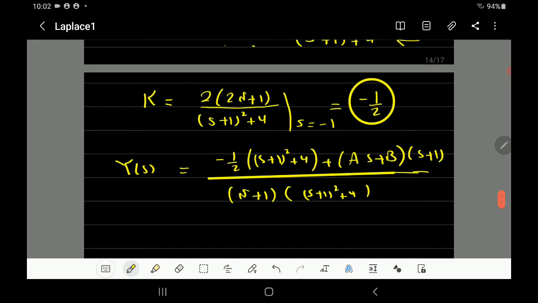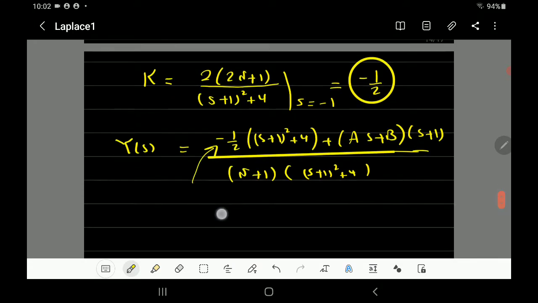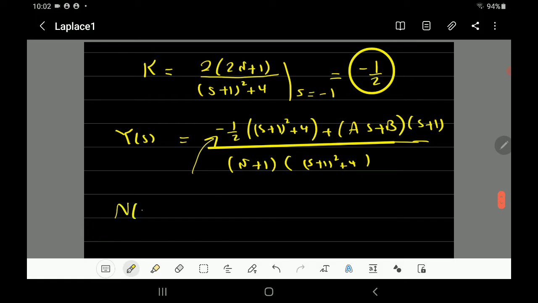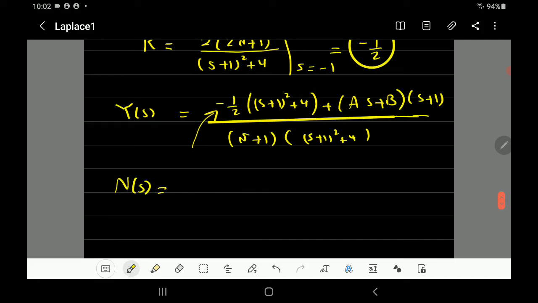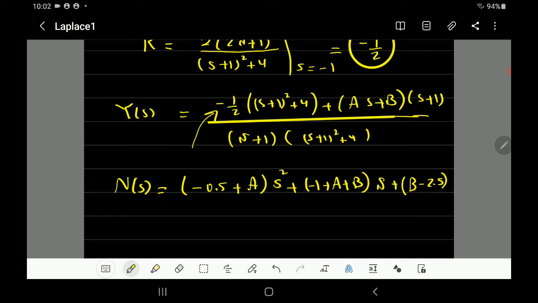And let's simplify the expression on the top here, the numerator. So N of s, after simplifying, I did it, is equal to (minus 0.5 plus a) s squared, plus (minus 1 plus a plus b) s, plus b minus 2.5. This is the numerator on the top here.